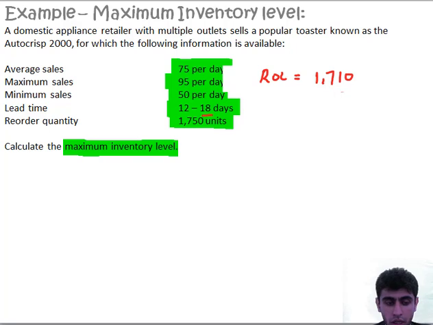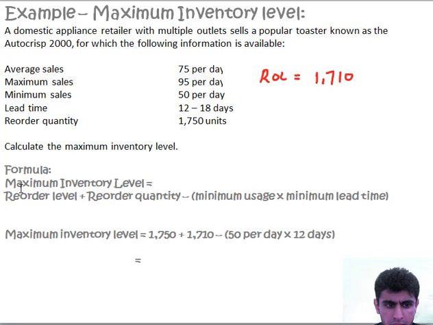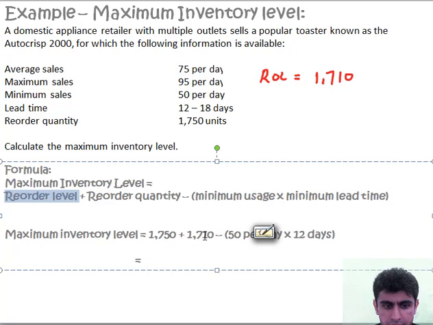Okay, so how do we solve this? We know the formula to calculate the maximum inventory level is reorder level plus reorder quantity minus minimum usage times minimum lead time. So let's put the values in. We have reorder level of 1710. We have reorder quantity of 1750 as it is given here.